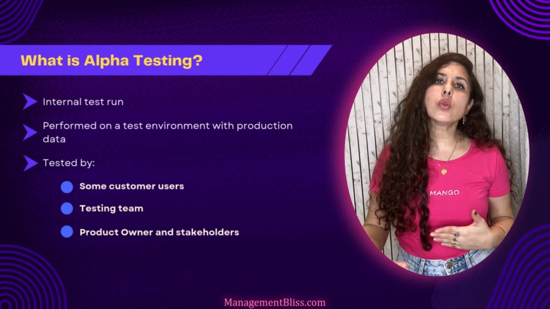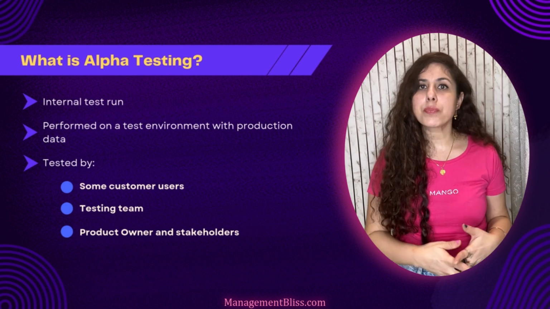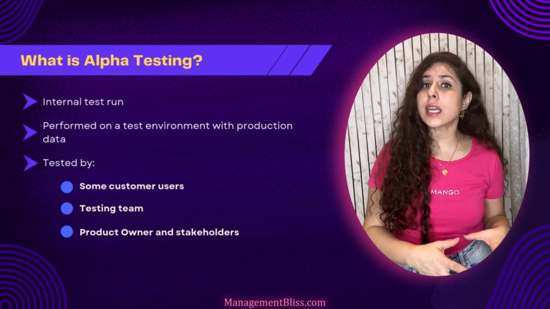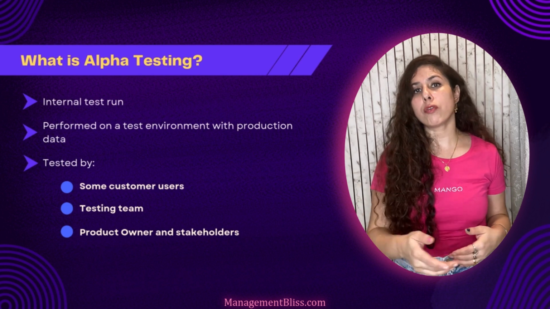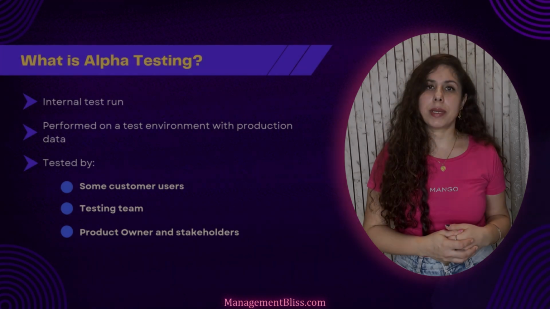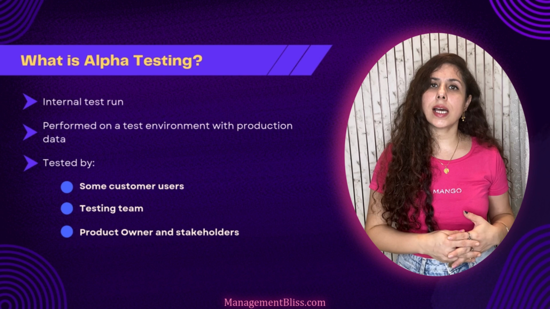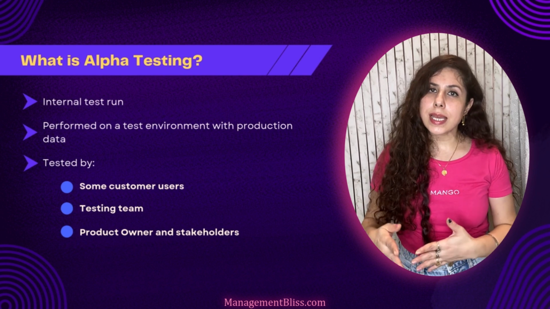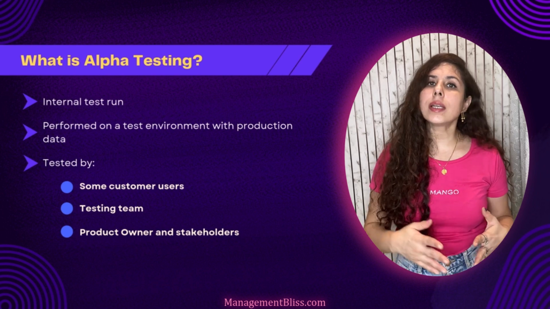Then some users from the customer's side, some testing team members, the product owner and other stakeholders will test the software in this environment. When alpha testing is done, another type of user acceptance testing starts, which is called beta testing.